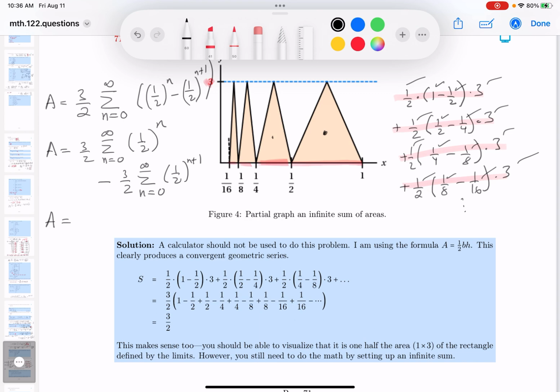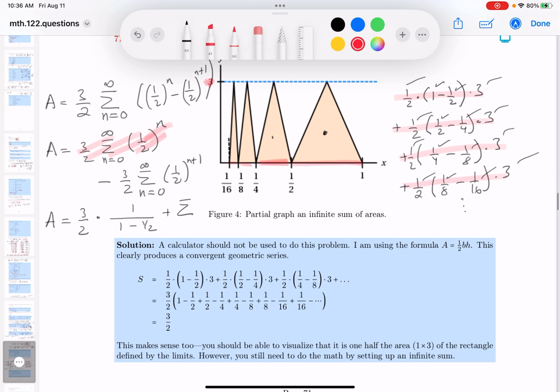A equals 3/2 times, and the first one is super simple to do. What are you going to get over there? It's a convergent geometric series. You get 1 over 1 minus 1/2. We'll do the arithmetic later. Now I'm going to do plus the sum, and I'm going to factor out a half.